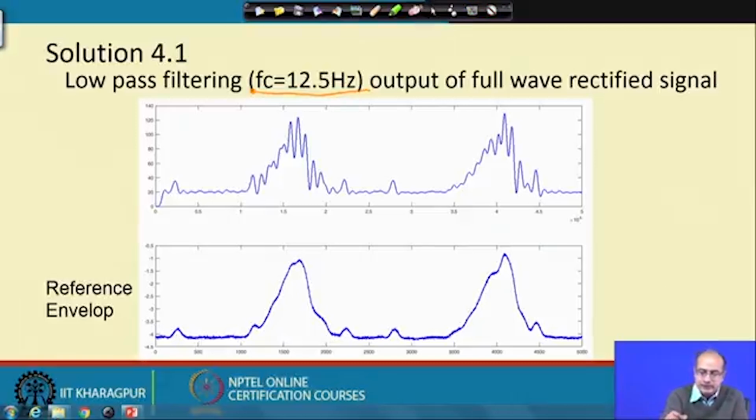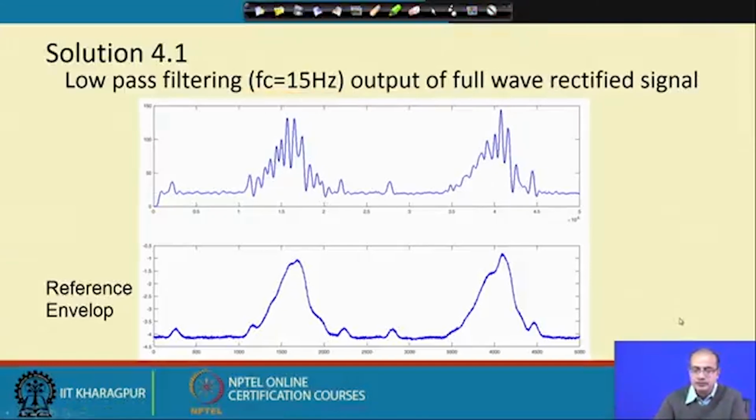Next, we increase it further to see what the change is. So, it is increased to 15 hertz. As it is increasing, the changes are coming in the same way.